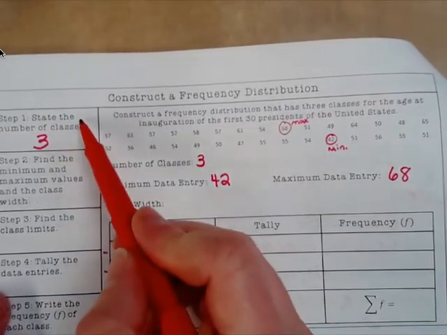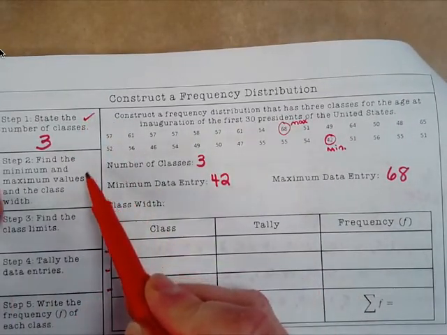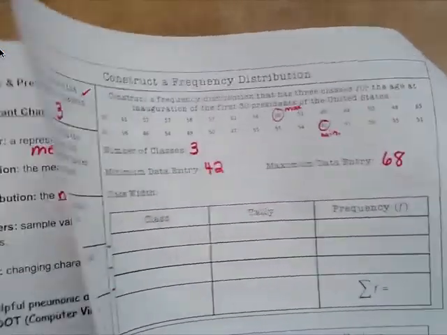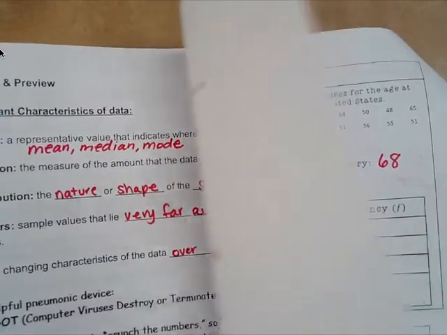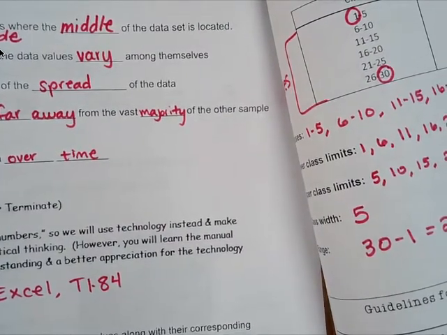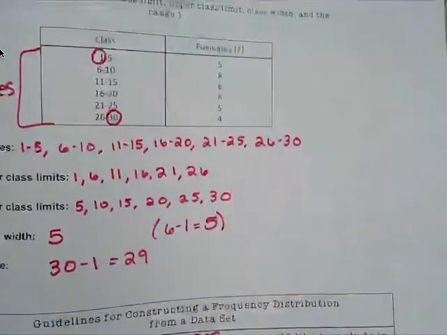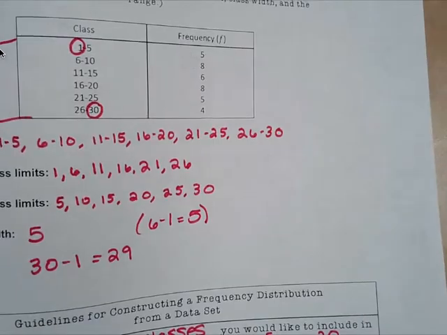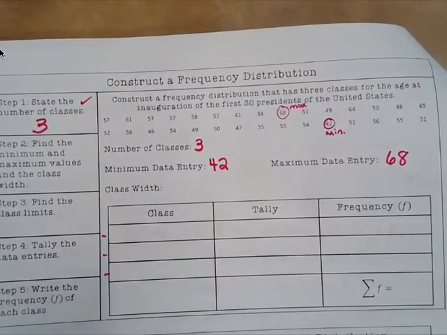Okay, so we did step 1. We found our min and max. Now we need our class width. So let's look at how we found our class width: the difference between the two consecutive lower class boundaries. The way that's found is divide the range by the number of classes. So what's our range?